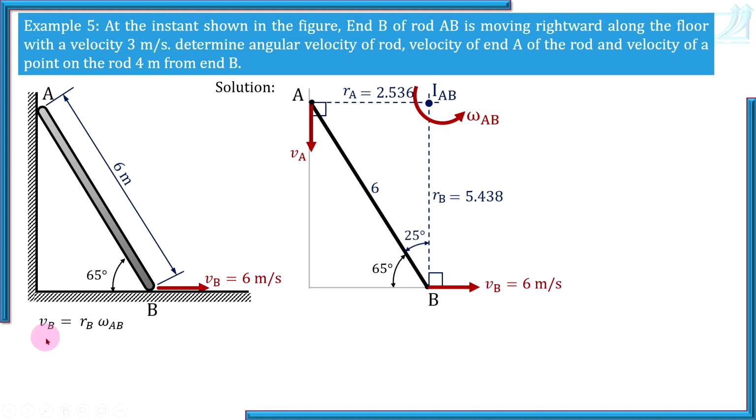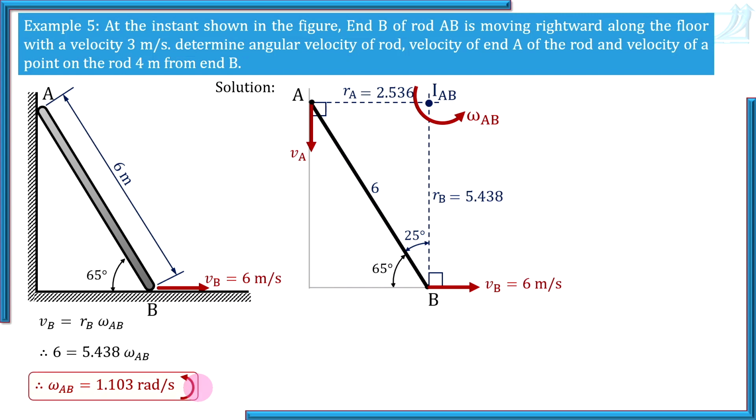So VB is equal to RB into omega AB. So put the known values. VB is 6, RB is 5.438. So we have found out omega AB. Incomplete answer. Now direction. Direction we have already identified, so show that direction in the answer. So this is how the angular velocity of the rod we have determined.